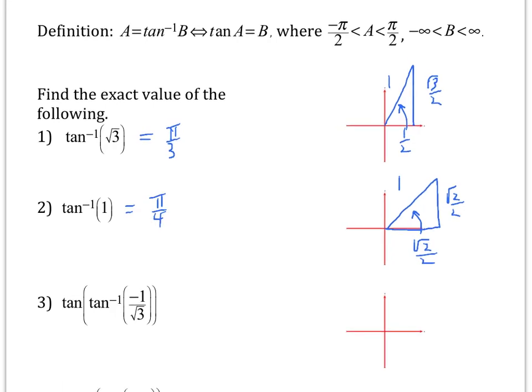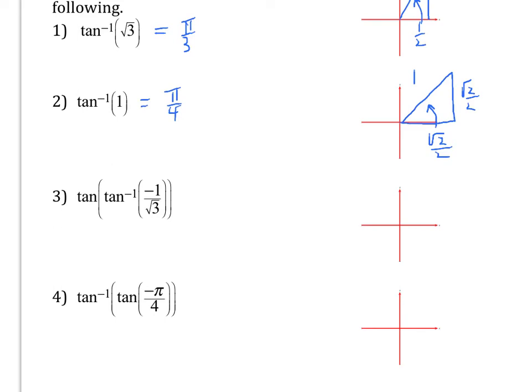Okay, let's do a couple more here. Again, with these two, you've got to be pretty careful. You might not get what you started with. On this first one, we first are going to find the inverse tangent of negative 1 over radical 3. Remember what that is? That's the angle between negative pi over 2 and pi over 2 whose tangent is negative 1 over radical 3. I think it looks like this.